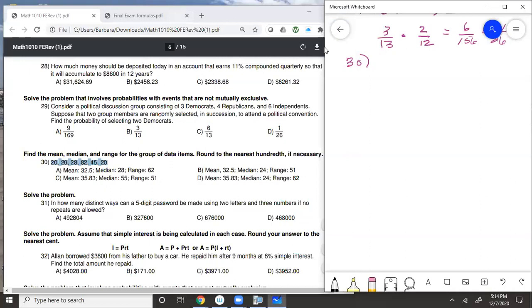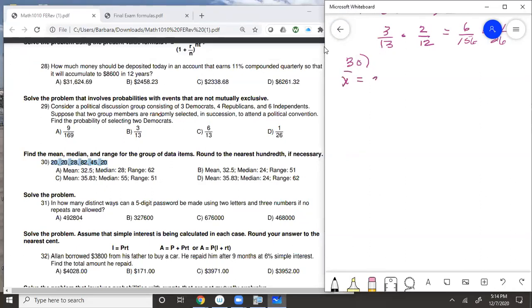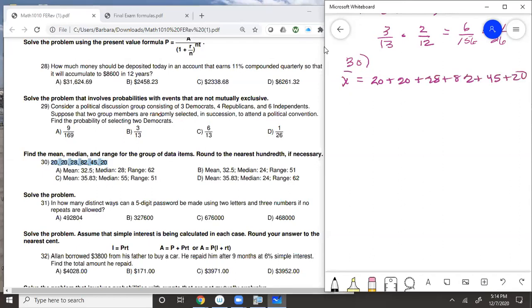So the mean for number 30 is 20 plus 20 plus 28 plus 82 plus 45 plus 20. And then we're going to divide it by 1, 2, 3, 4, 5, 6, right? And the median is the middle number. So we would have to put the group of numbers in order: 20, 20, 20, 28 is next.